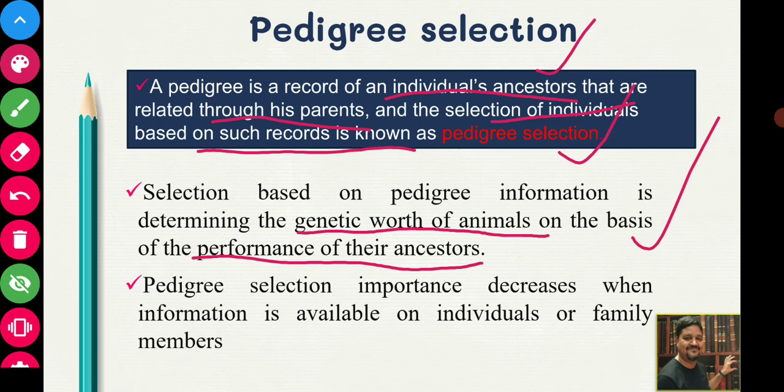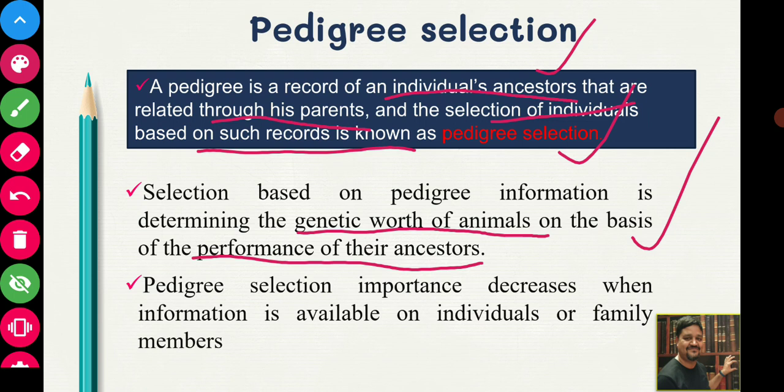Why? In the hope that if the pedigree is good, the bride or groom will also be good. Here also, in pedigree selection, we see the performance of the pedigree, hoping that since the pedigree is good or bad, that individual will also be good or bad in that context.